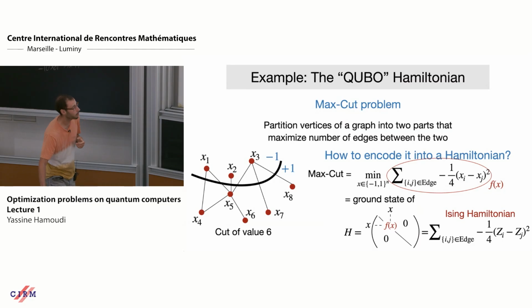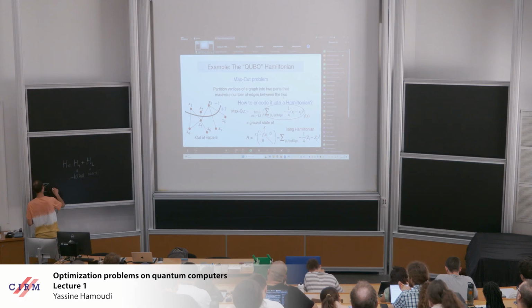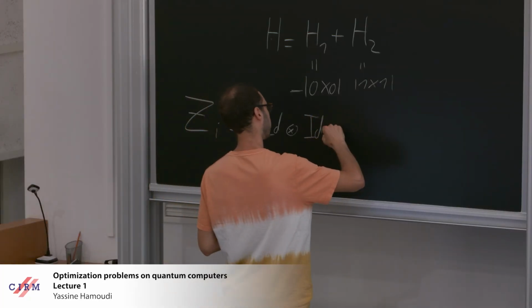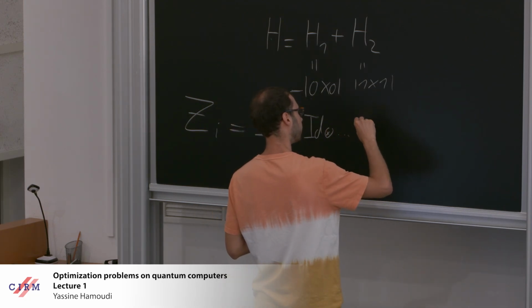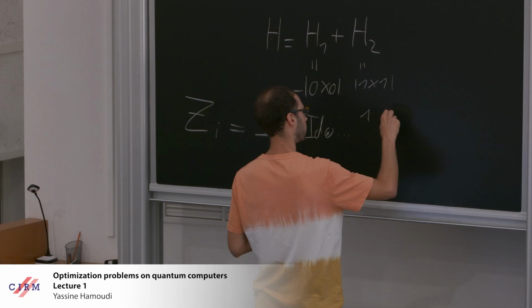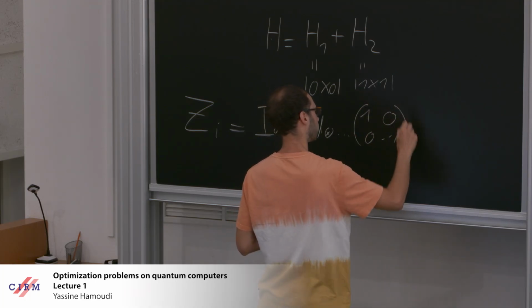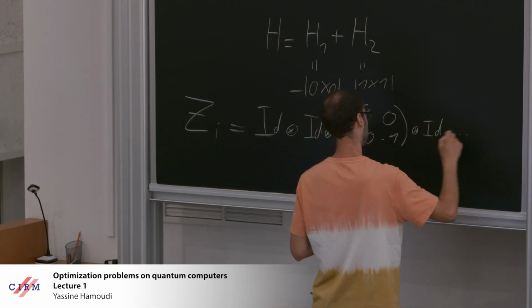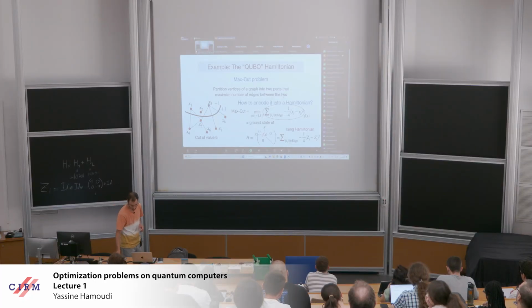By Zi, I mean a tensor product of identities, except the matrix Z at position i.